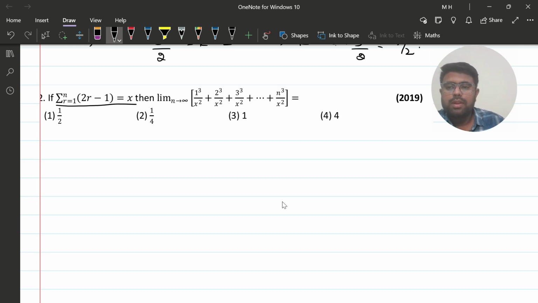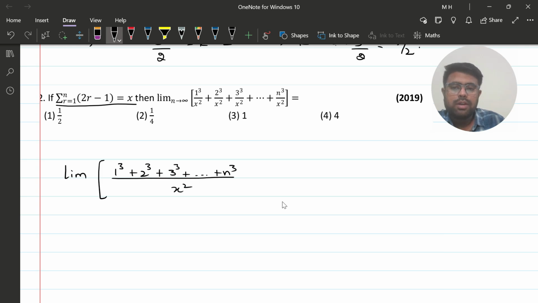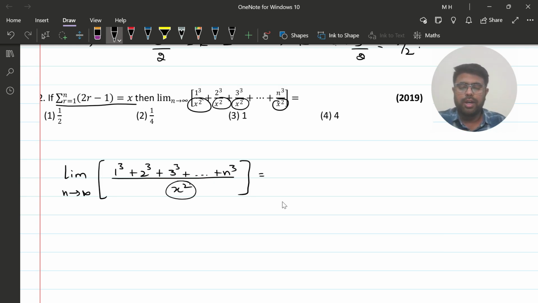Now look, the limit of this one, that is 1 cube plus 2 cube plus 3 cube plus so on up to n cube divided by x square as n tends to infinity is equal to, this is what they have asked. Since the denominator x square is common, I have just written down one denominator for all and I have added the numerator. I think that is of no issue.